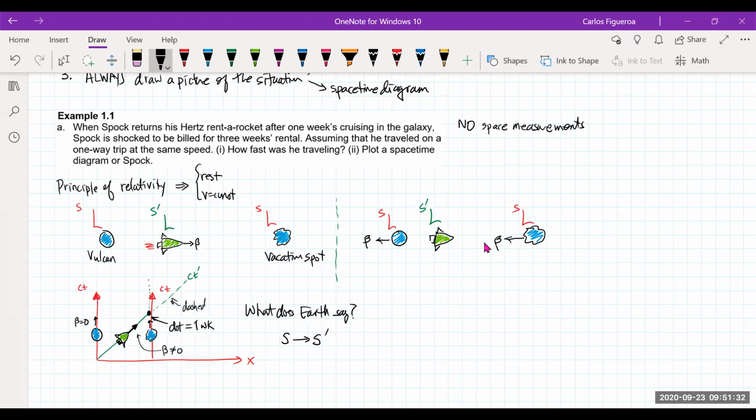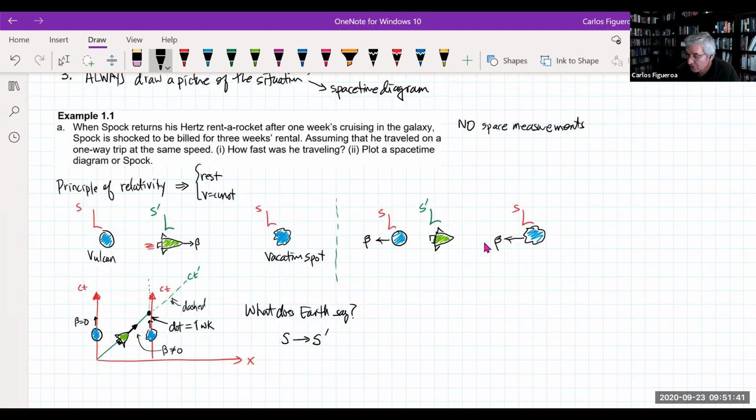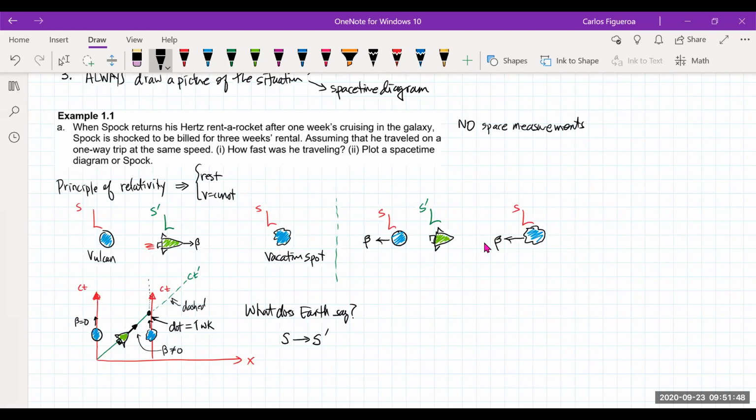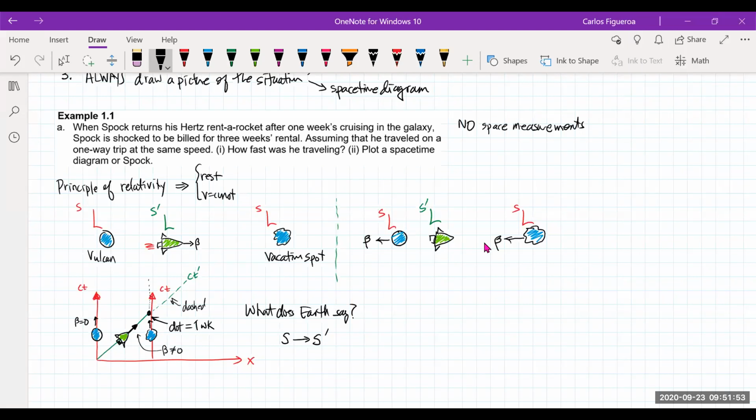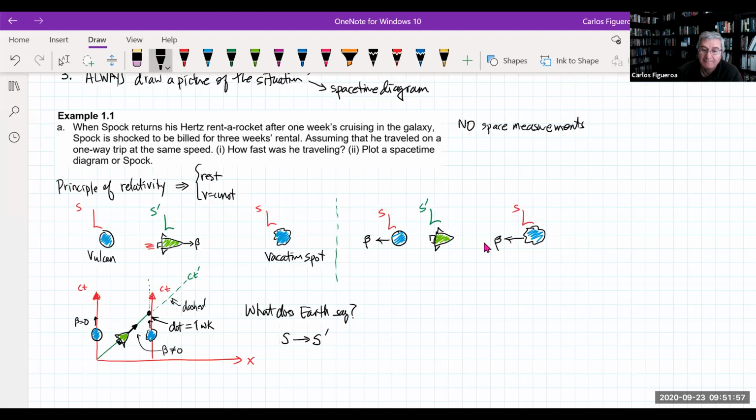Yeah, Carlos, real quick, why are we using the CT prime axis to basically show the trajectory of the rocket? Okay, so let me ask you this. Do we agree that in the rocket frame, it doesn't move? Sure, yeah. And so if I'm only focused on time, the rocket doesn't move a distance x. It only moves through time.